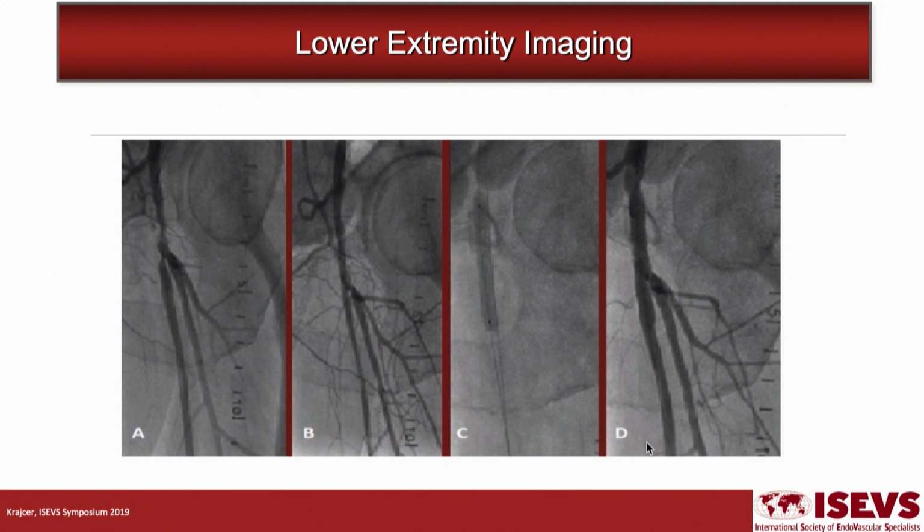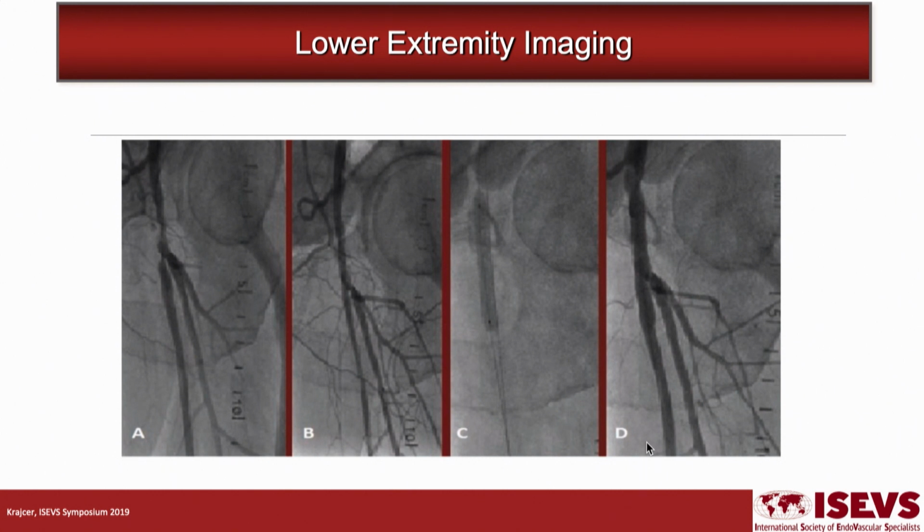We can see in image A that we are obtaining an oblique view in this patient with a left common and left superficial femoral artery lesion. We're separating the profunda femoris from the SFA to identify the lesion. If you obtain an image in the AP view, you might miss the severity of the disease or the lesion altogether. So that's very, very important.